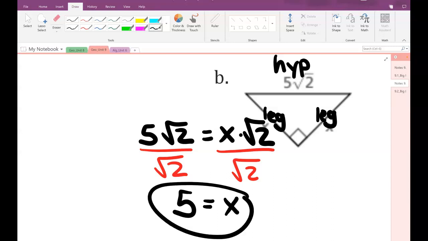So we'll have 5 is equal to x, or x is equal to 5. I keep saying an extra 45 whenever I do it. 45, 45, 90 triangles are the simpler one out of the two. You'll see in the 30, 60, 90, there's a little bit more you have to remember.